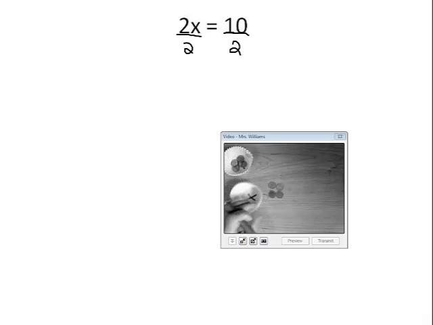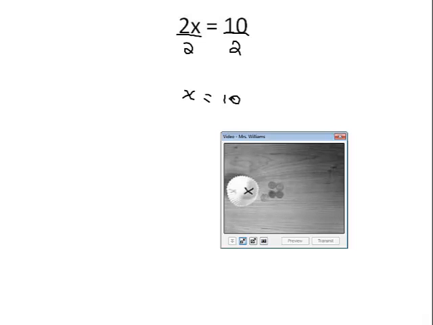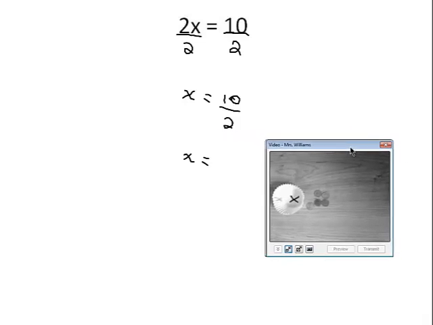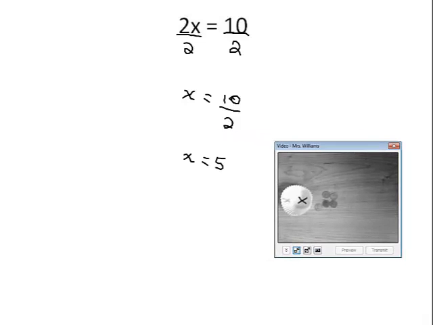So instead of looking at 2 X boxes, we really divided those X in half, because at the end we're really looking at 1 X box. And that 1 X box, looking at your screen, now has X is equal to 10 over 2, or X is equal to 5.